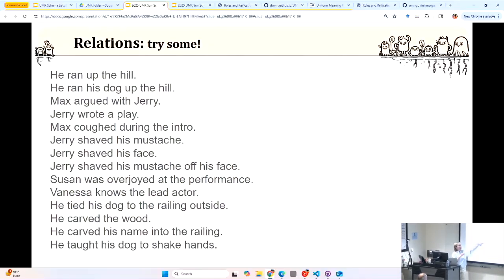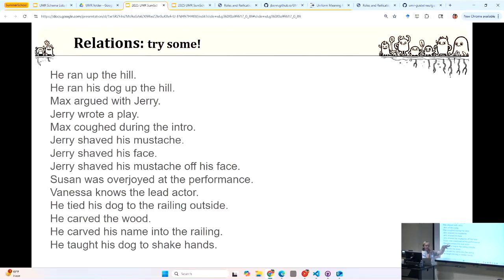Jerry shaved his mustache off his face. This is going to turn into a source. So it's interesting to me how the roles can kind of influence each other, even if it's really the same event that you're talking about and the same participants that you're talking about.